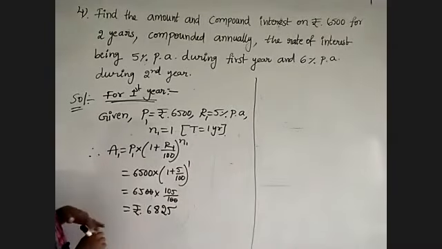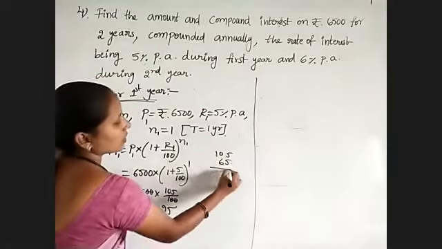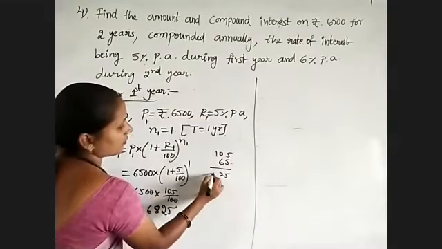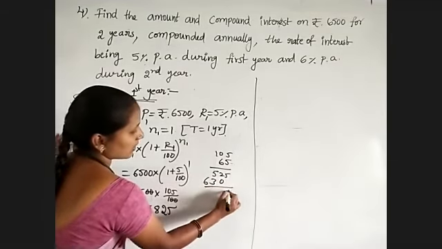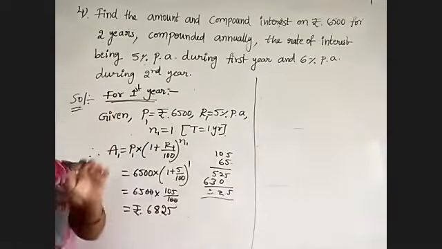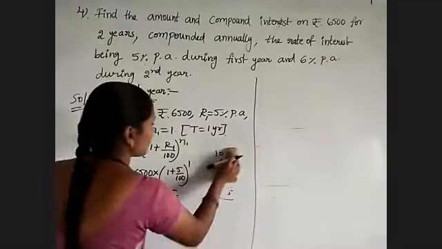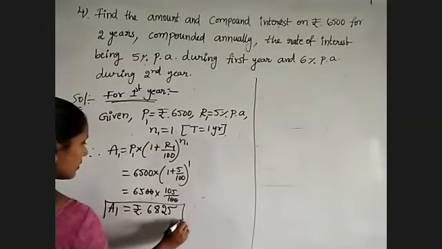Okay. 65 into 105, 25, 5 and 30. 6,825 is the amount during the first year.